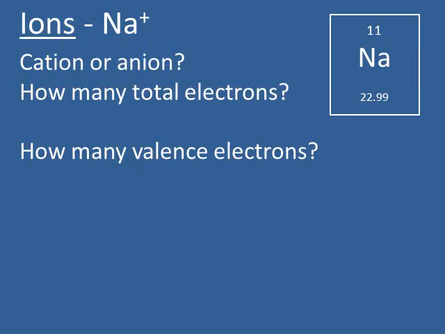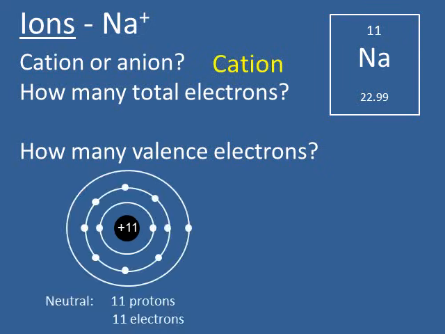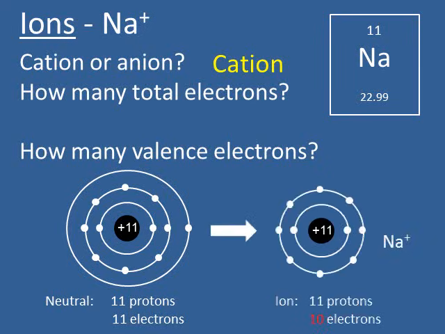Okay, so for sodium ion, you see it's positively charged, which means it's a cation. Now if we do our orbital diagram for sodium in the neutral state, we see that it has that 1 valence electron on the outer ring. That 1 valence electron is easily lost to fulfill the octet rule and give sodium ion a stable outer orbital.